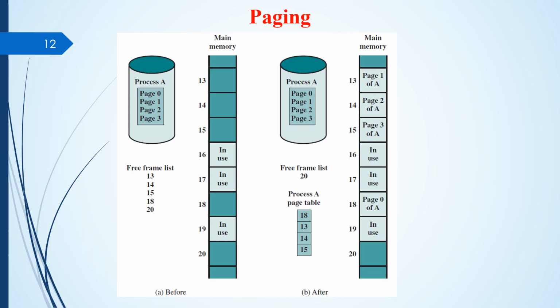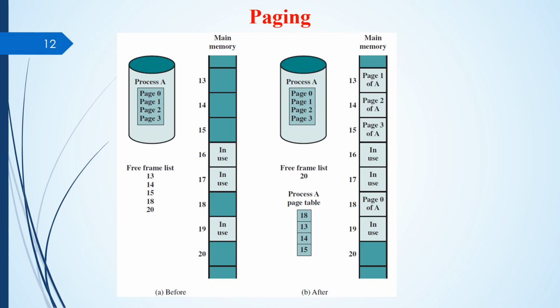Now, after swapping and partitioning, we can use paging to make memory use more efficient. We split a process into small parts called pages, and memory itself is split into equal size frames. Each page of a process goes into a free frame.